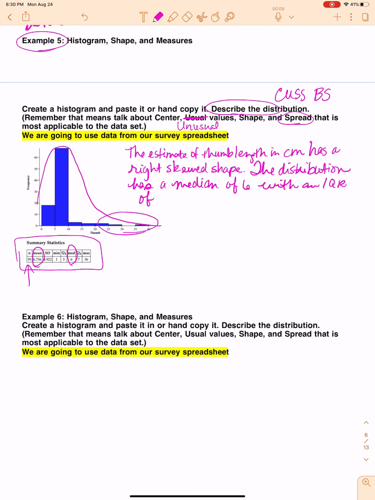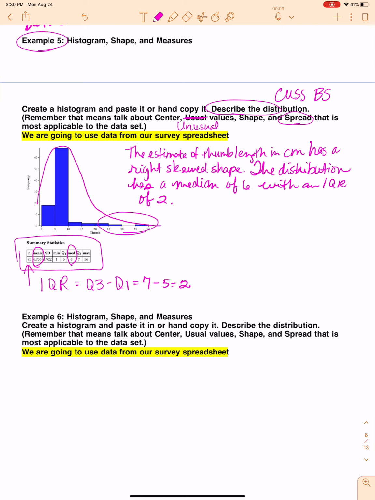Median and IQR go together. So if I choose median for center, IQR has to be the measure of spread that I use. So how do we find the IQR? The IQR, of course, is Q3 minus Q1. Since Q3 is 7 and Q1 is 5, my IQR is 2.